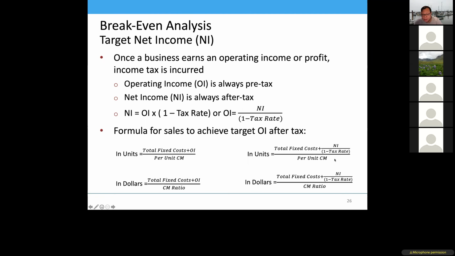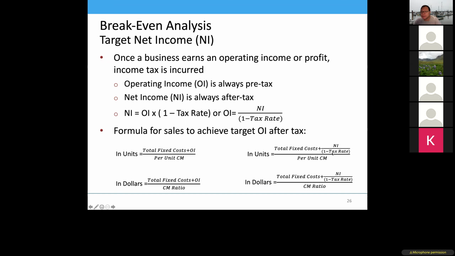So then you get these two new formulas with net income and a tax rate. Make sure you are clear that these formulas are talking about the operating income that is before tax. So if you know the net income and you know the tax rate, you can use this to work backward to figure out what's the operating income.